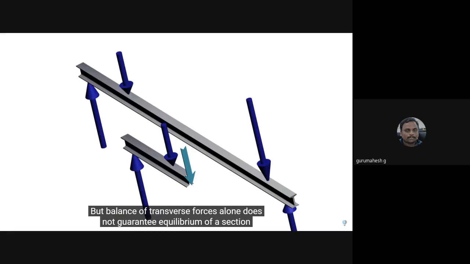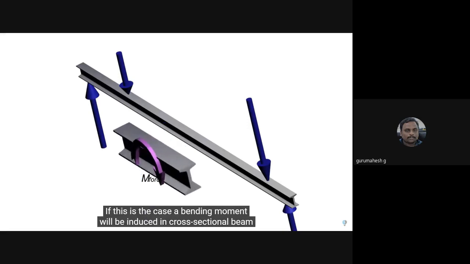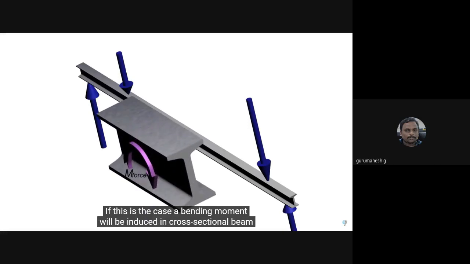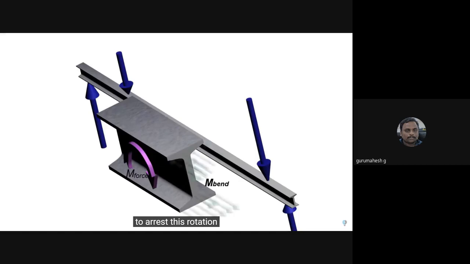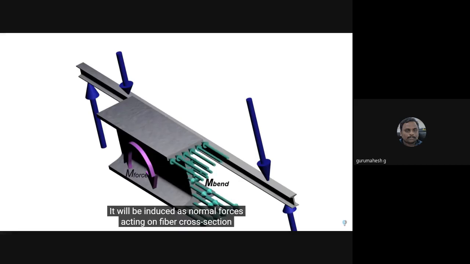But balance of transverse forces alone does not guarantee equilibrium of a section. There is another possibility of beam rotation, if the moment acting on it is not balanced. If this is the case, a bending moment will be induced in the cross-section of the beam to arrest this rotation. It will be induced as normal forces acting on the fiber cross-section, as shown.